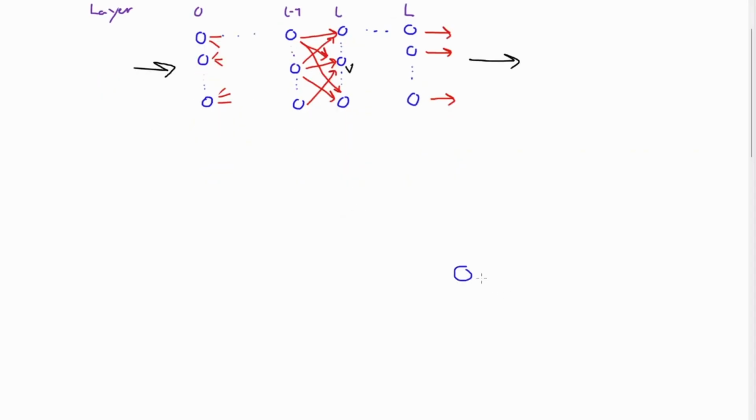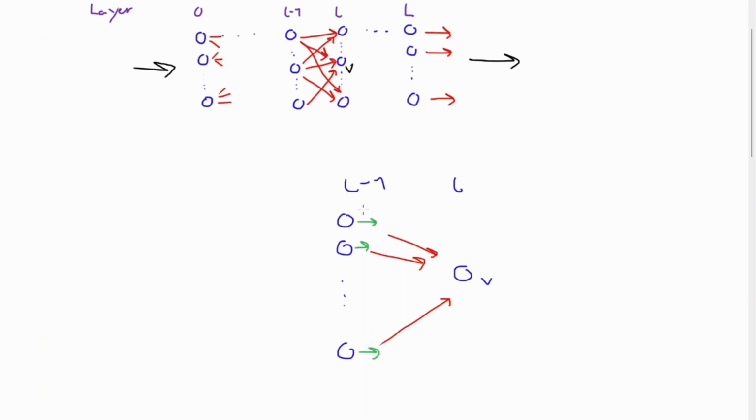We have a neuron v here at hidden layer L, as well as all the other neurons from the previous layer. And all the neurons from the previous layer connect to neuron v through edges. Now, neuron v in and of itself is a mathematical function with some input and some output. And the input to neuron v consists of all the outputs from the neurons in the previous layer, which we refer to as activations.